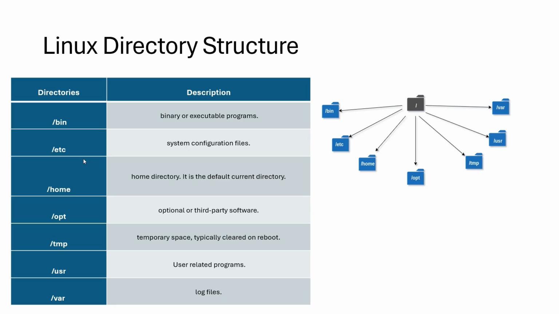And coming to the home directory, it is the default current directory. If a user is created, a home directory is created for that particular user. Home directories are for all users to store their personal files.